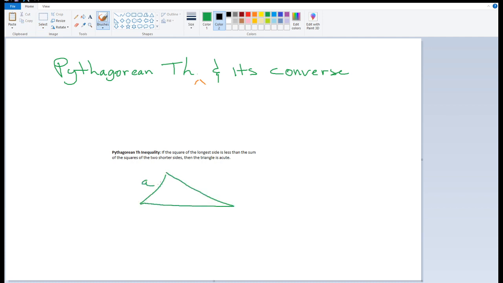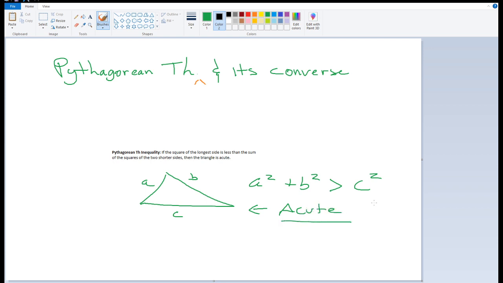Let's say I have a squared, b squared, and c squared, and a squared plus b squared is actually more than c squared. That's what this says: if the square of the longest side is less than the sum of the squares of the two shorter sides, then this triangle is what we call an acute triangle.